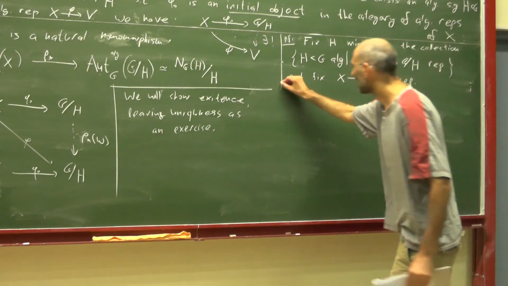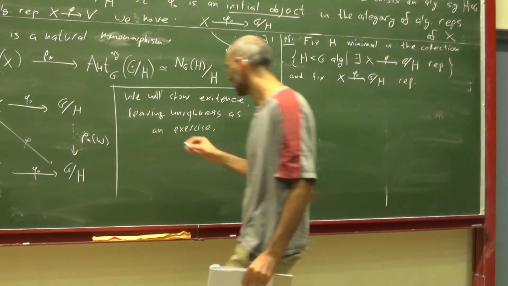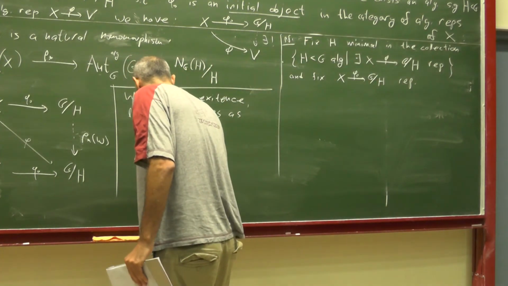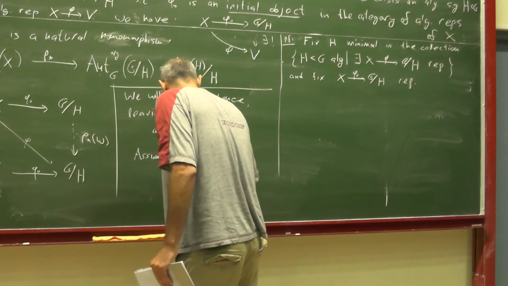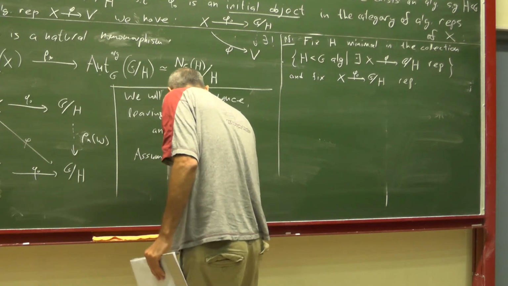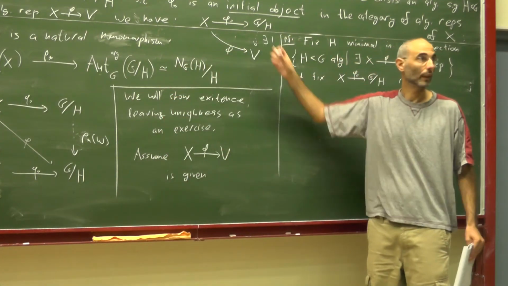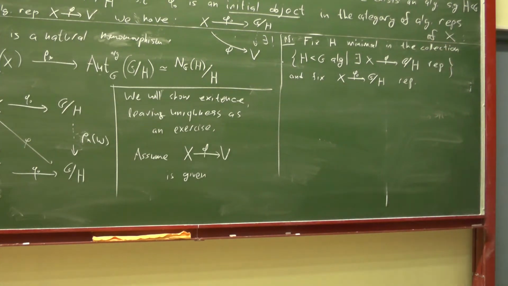And now I just have to argue that for every B, assume given, and I want to complete the diagram, as in here. Again, I will use the same tricks.